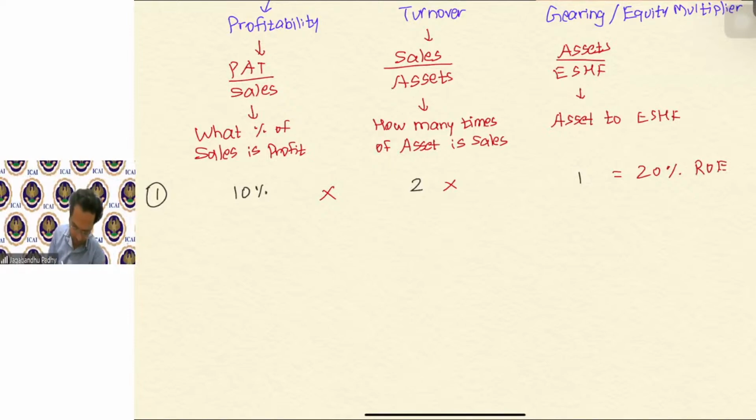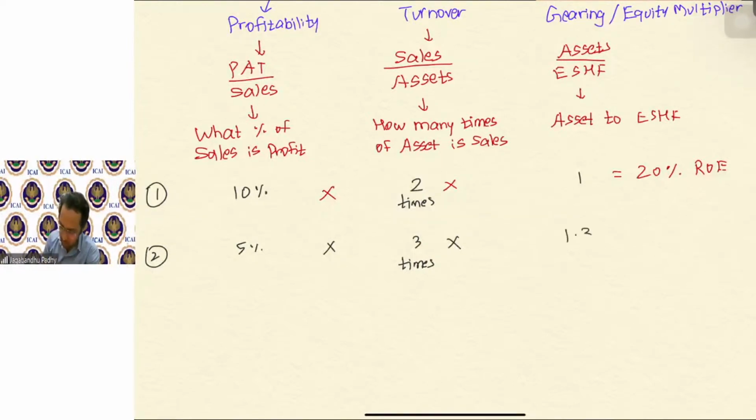Now we have a second company which has a PAT margin of 5%. It means the company is earning just 5% profit on its sales. Turnover is three times, because the company is maybe maintaining a lesser amount of assets for the same amount of sales, or at lower assets it has a better amount of sales, or either of these.